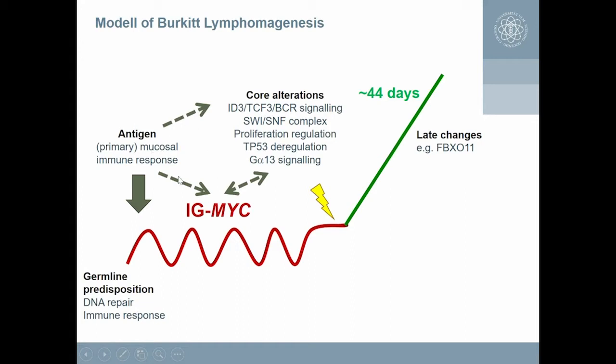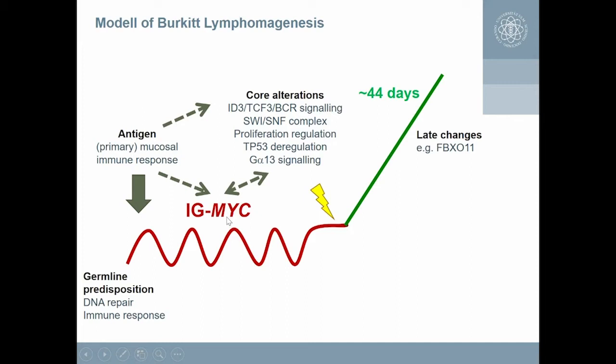The other important part is probably an antigen, which affects particularly mucosal sites and the mucosal immune response. And given the early age of diagnosis, in many cases, I think it's a primary mucosal immune response we discuss. These together lead to the occurrence of the IgMYC translocation, which is the hallmark of Burkitt lymphomas.